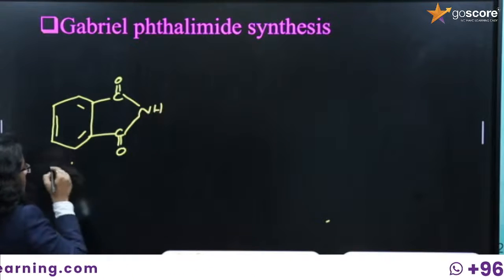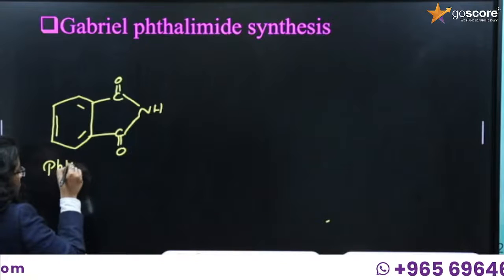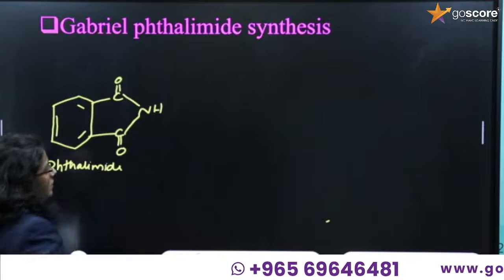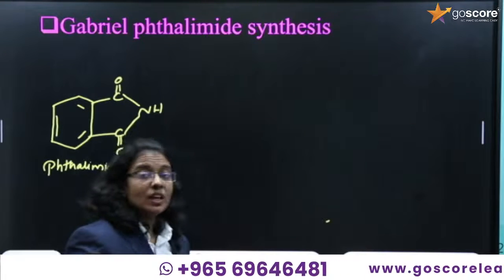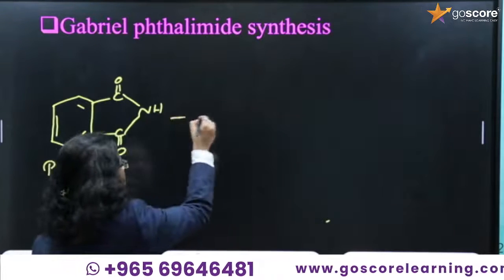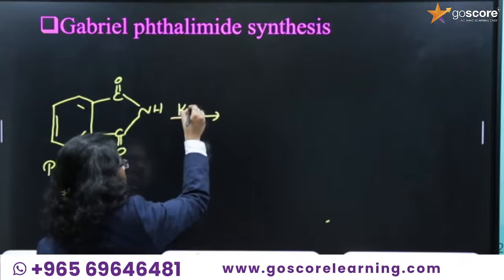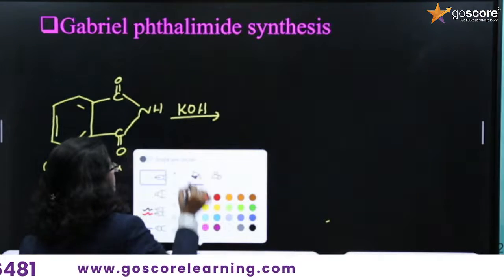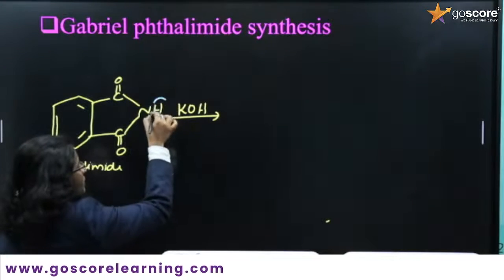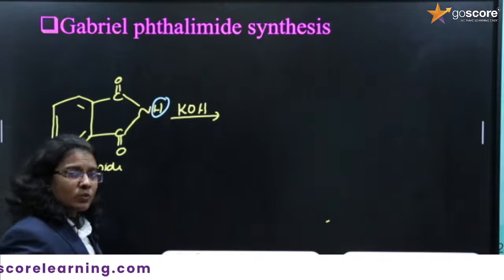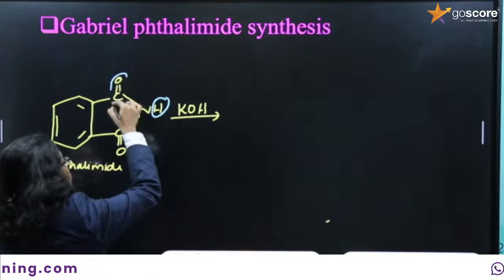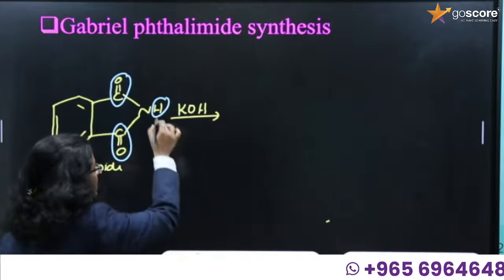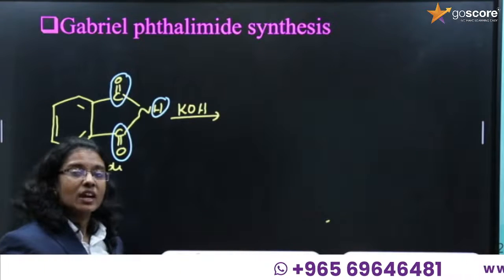So this is called phthalimide. This phthalimide on treating with ethanolic KOH. See here, this hydrogen acts as an acid. Why? Because here two electron withdrawing groups are present. That's why this hydrogen acts as an acid.